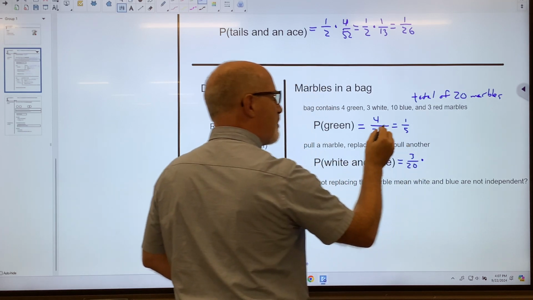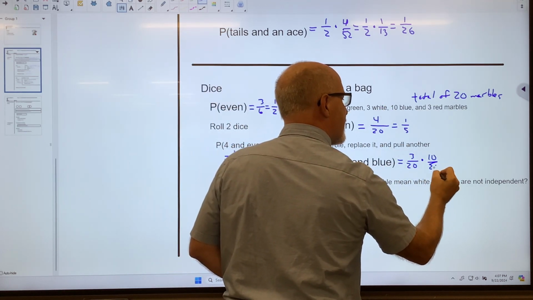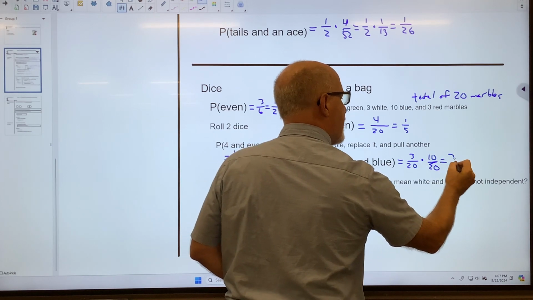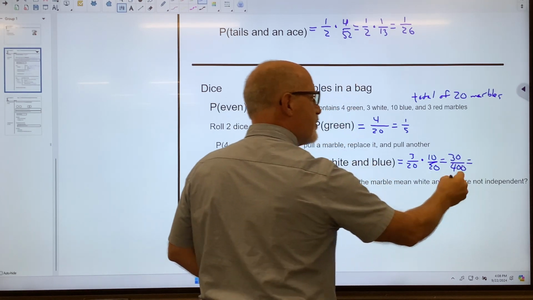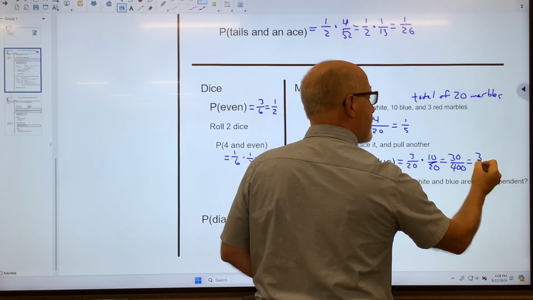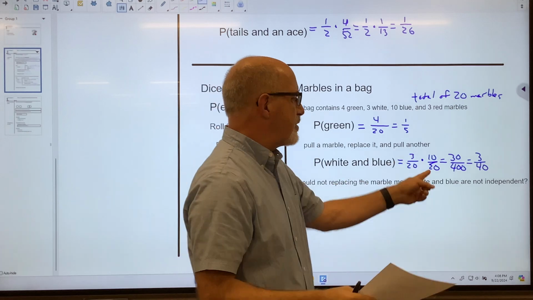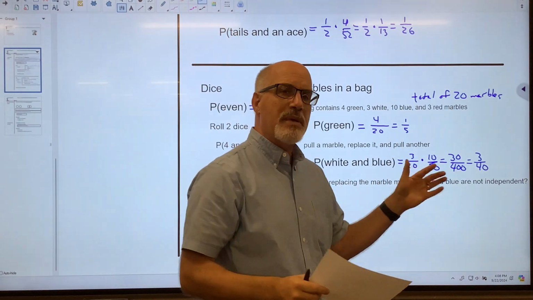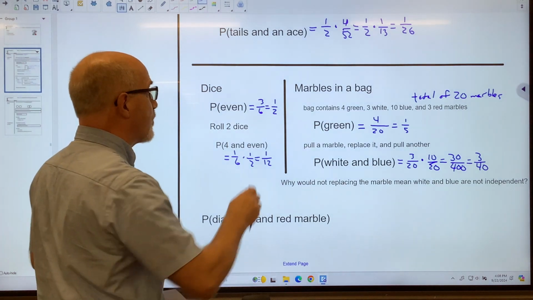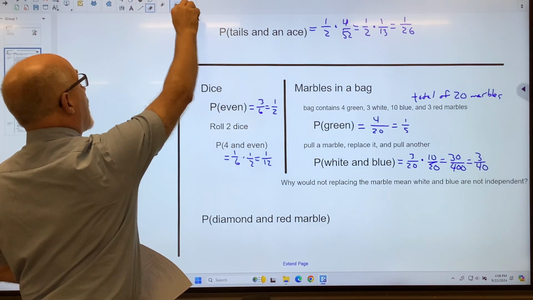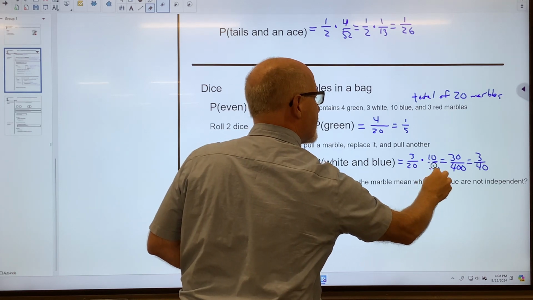We're going to multiply that by getting a blue, which is 10 out of 20. So it's going to be 30 over 400. Or we'll reduce, take out a 10 from both of those, and you get 3 out of 40. As you notice, it might be best if I reduce the 10 out of 20 down to 1/2. It might be easier to do your reducing at the end if you reduce the fractions before you start. So that's working on probability of independent events.